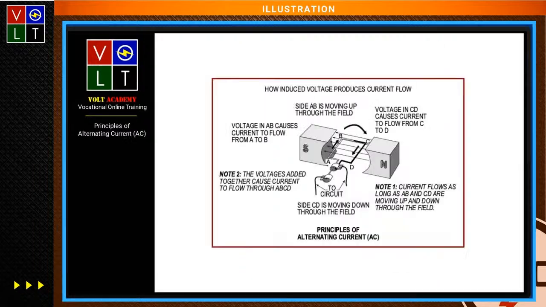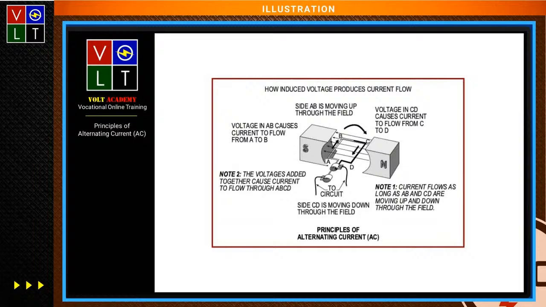Now, I'm going to point out a lot of things in this next illustration, talking about how induced voltage produces current flow. In the illustration, side AB is moving up through the field, and side CD is moving down through the field.